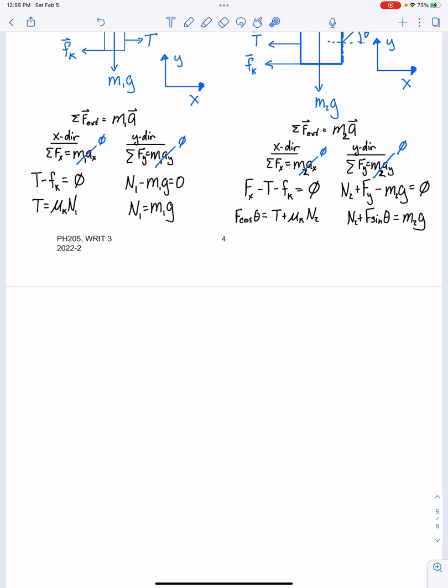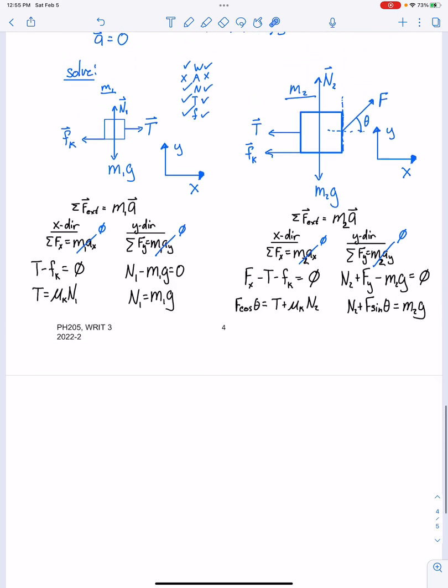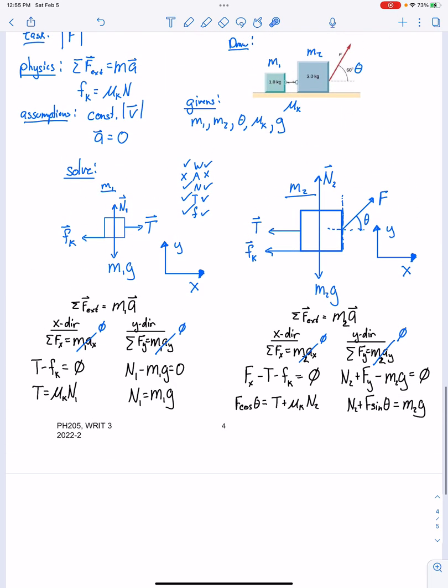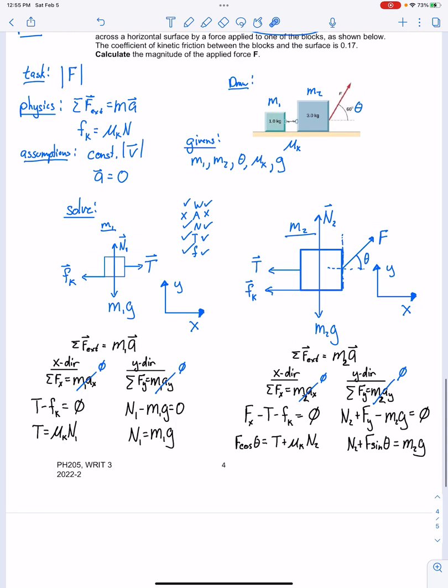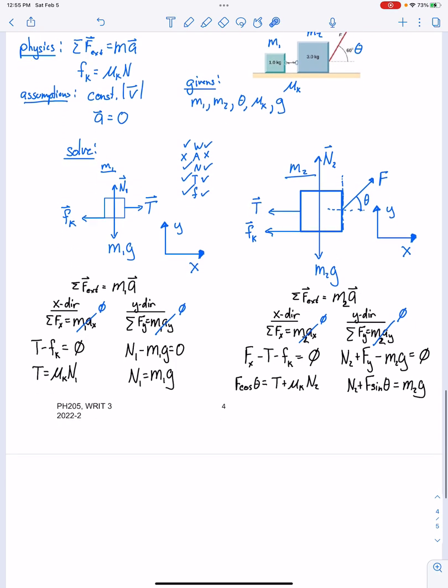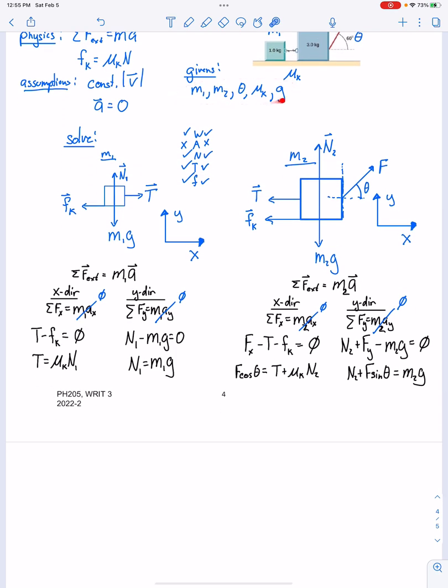And now let's see where we are. Let's do a quick inventory again of what we want and what we can use. So we're going after F, and we can do it in terms of these variables. So here's F, which is in terms of some of those variables, but it's got this normal force, not given, and it's got this tension, again, not given.